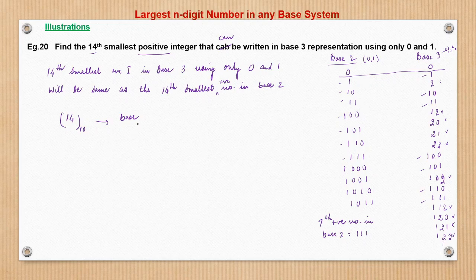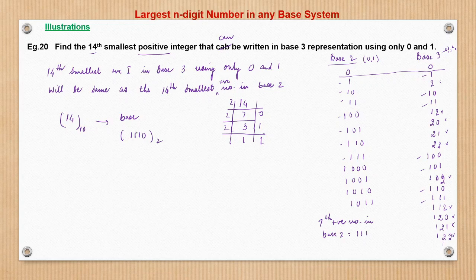So if we convert 14 to base 2, dividing by 2: 7 remainder 0, 3 remainder 1, 1 remainder 1, 0 remainder 1. So it becomes 1110 in base 2, right?